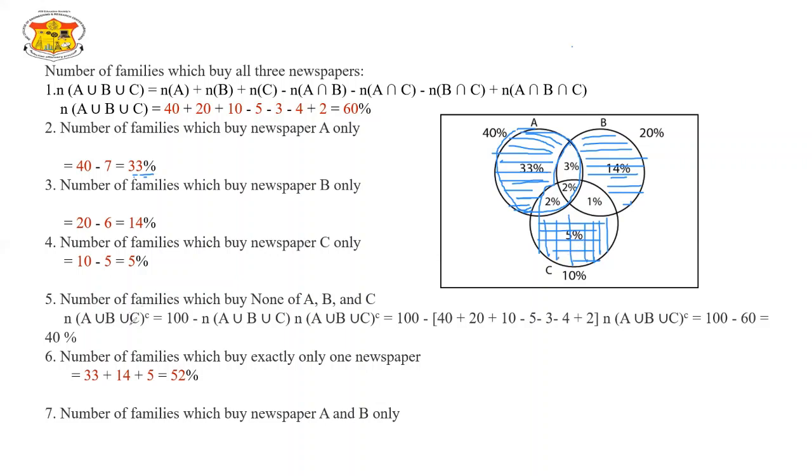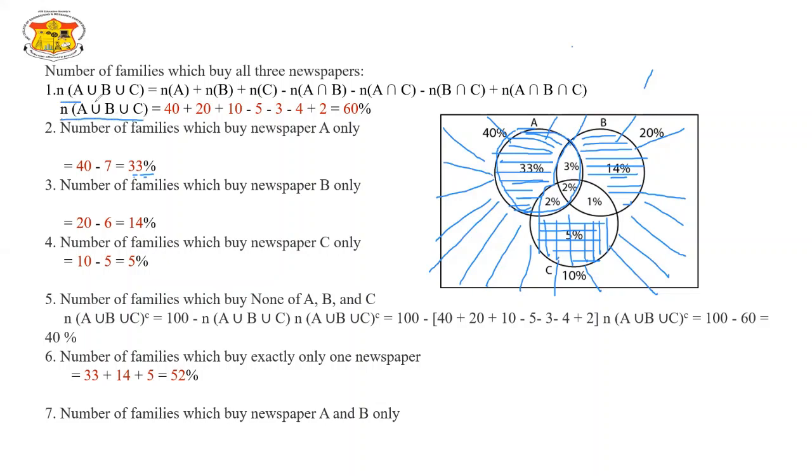Number of families which buy none of A, B, C. Here we have to find the people who don't buy any of the 3, meaning outside of this one. Outside of this part means whatever is outside A union B union C, so the negation of this part.